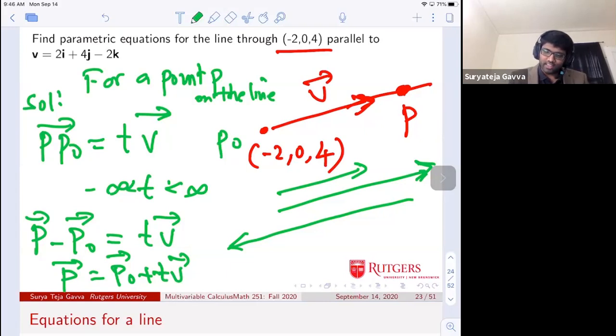If I stretch this vector continuously as T moves from minus infinity to infinity, you'll get all the points along that line. 1V is something, 2V is something, 3V is something, 1.1V is something. All those will give you points along that line.